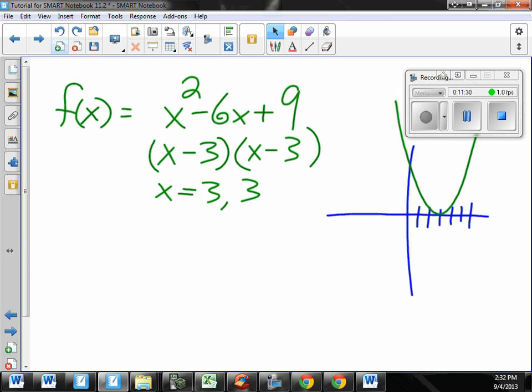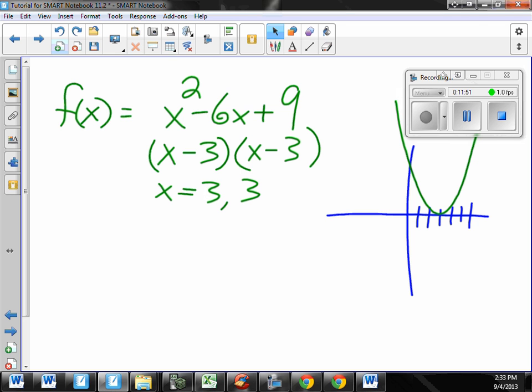So whenever you have a double root, sometimes they refer to this as multiplicity. 3 has a multiplicity of 2, meaning there are two versions of the root 3. Whenever you have a double root, the graph goes down and bounces off the axis and changes directions.